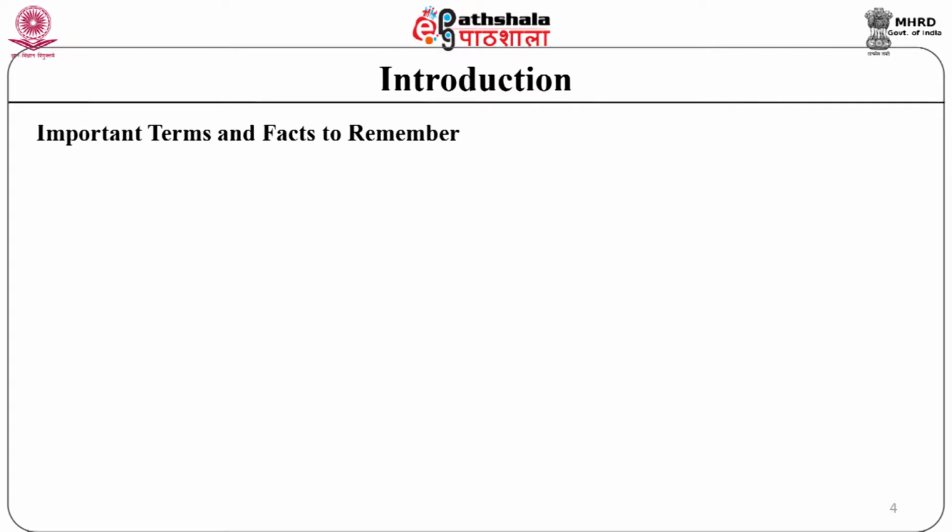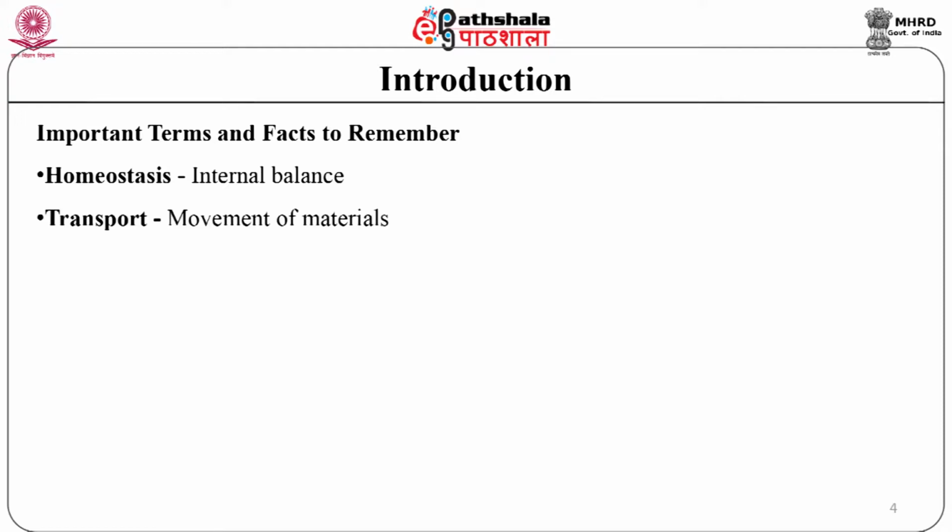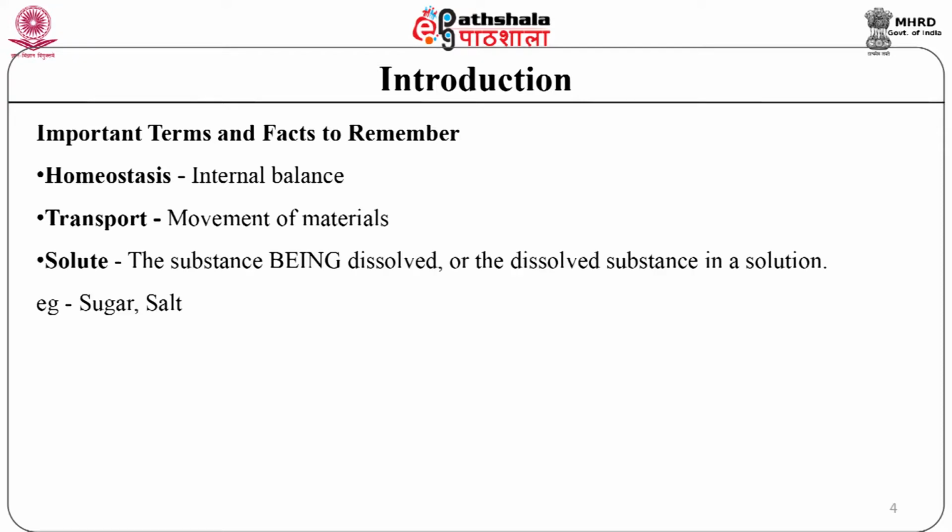Some important terms to remember. Homeostasis, it means internal balance. Transport, it means movement of materials. Solute, the substance being dissolved or a dissolved substance in a solution. For example, sugar, salt. Solvent, the substance which is dissolving the solute.